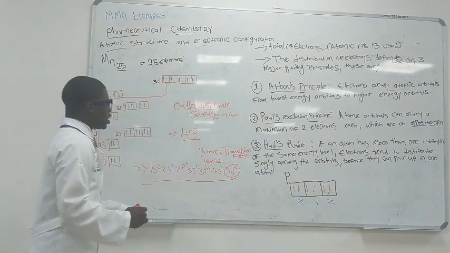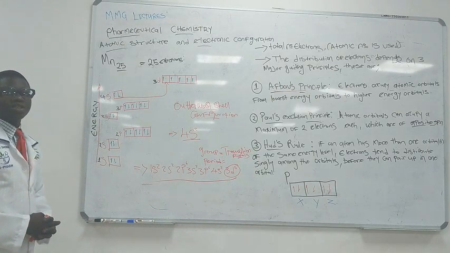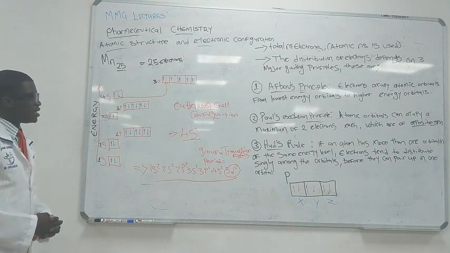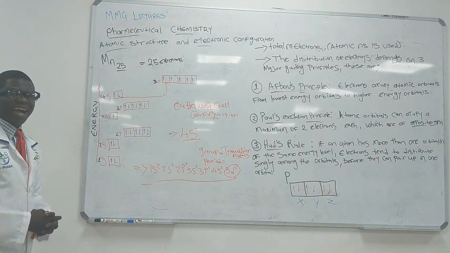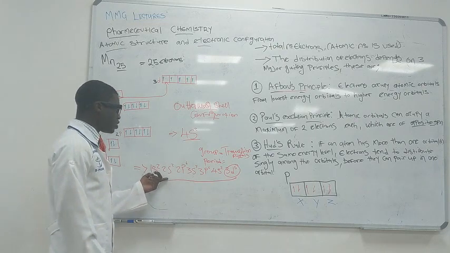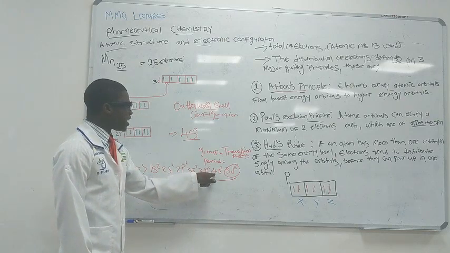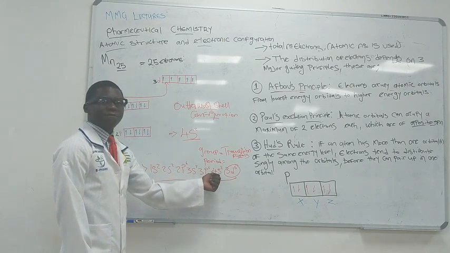Alright, having said that, we are able to deduce the period of this atom, manganese, and the period is always deduced by the highest coefficient of the subshell. So from this electronic configuration, we can attest to say the highest coefficient is 4.